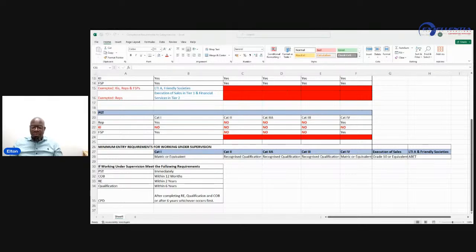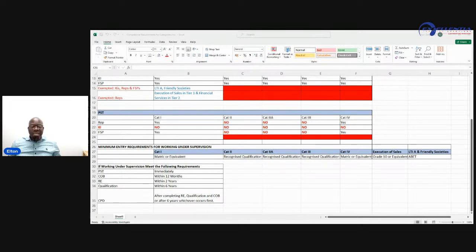So what we mean here, when do we count the 12 months, the 2 years, the 6 years? We count it from the date of first appointment, which is the date on which a rep was first appointed as a KI or as a rep by any organization.